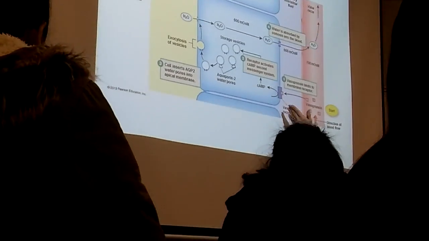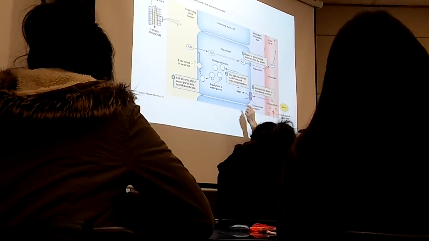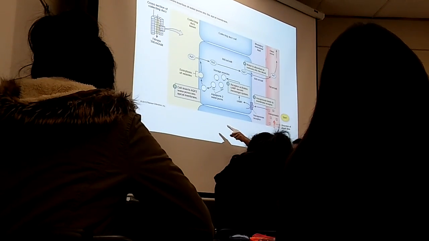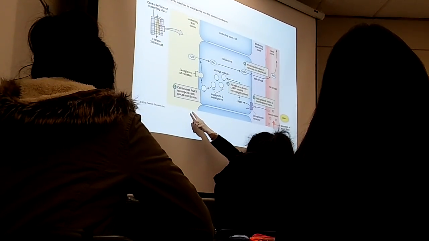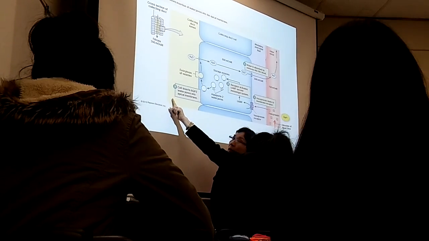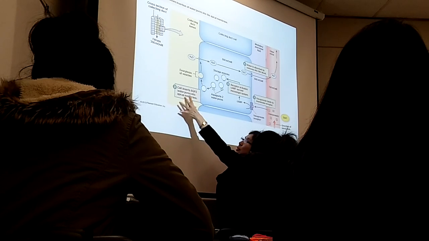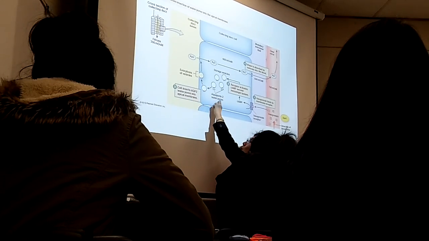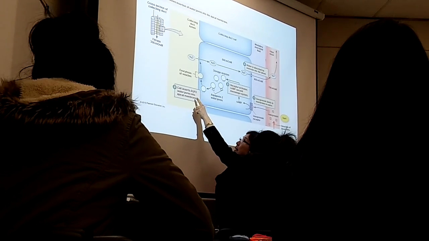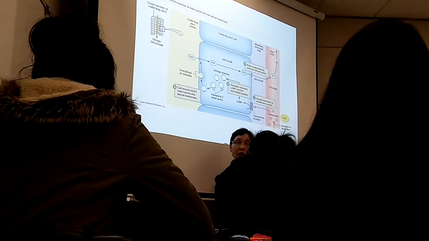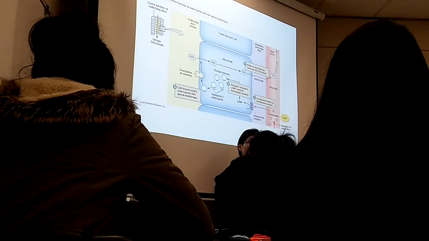Without ADH, you won't have those. But with ADH, you're going to have that. And because the interstitium is salty on this side, with the vasa recta right here, this draws the water out of the collecting duct and into the vasa recta. Did you get that? Did it comprehend?